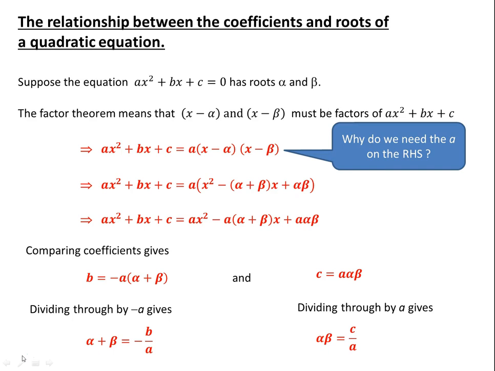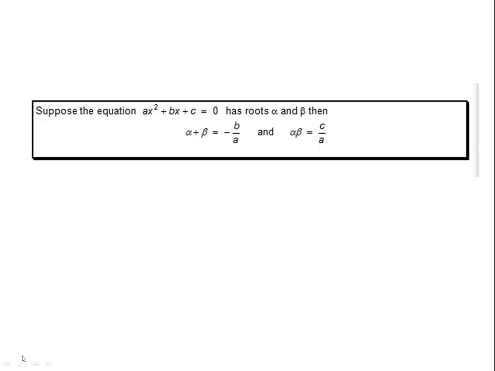So we've just proved the two results that we spotted in the previous slides. So if the equation ax squared plus bx plus c equals 0 has got roots of alpha and beta, then we know that alpha plus beta must be minus b over a, and alpha times beta must be equal to c upon a.